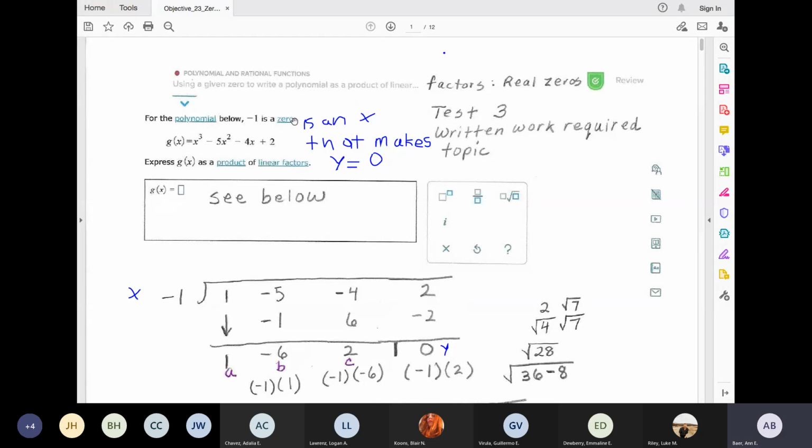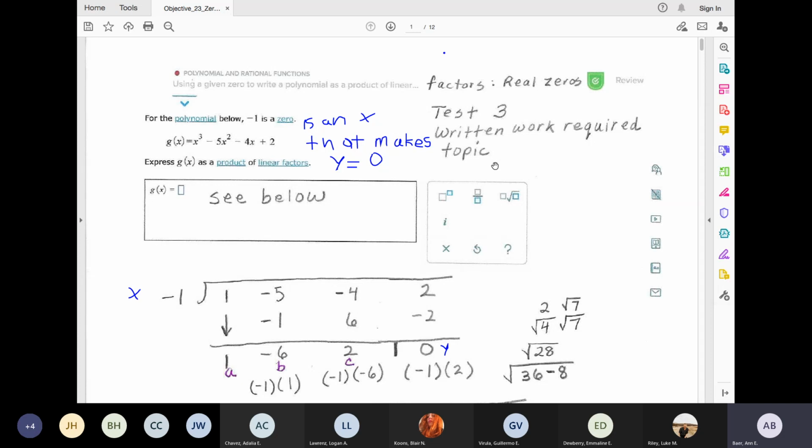What we want to do is this very first topic here. I looked at my ALEKS reports. This is one of the written work required topics for test 3.